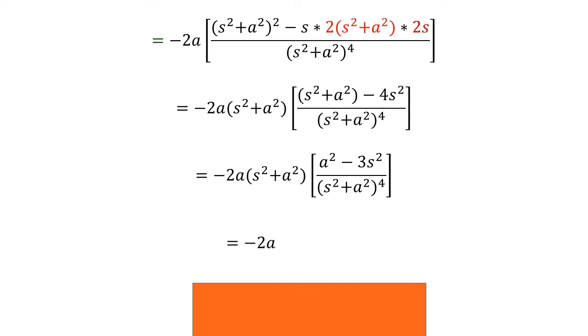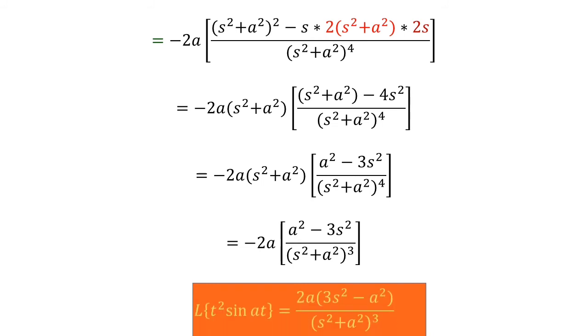So we get minus 2a times a square minus 3s square upon s square plus a square to the power 3. Now it is easy to say that the Laplace transformation of t square sin at is 2a times 3s square minus a square upon s square plus a square whole cube.